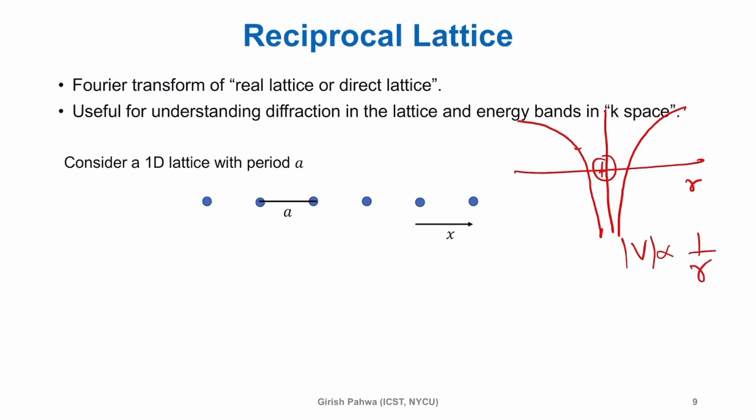Now if I have several such atoms placed together, how will the combined potential look like? Can you imagine? One potential well looks like this, say around this. Now I have several of them. So what will be the total potential? You simply take the algebraic sum of the potential because of every atom.